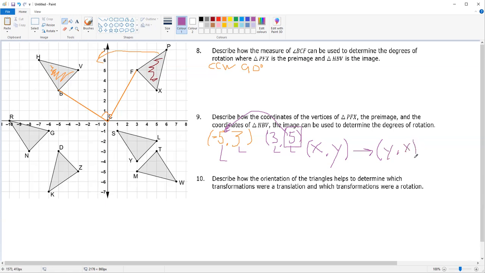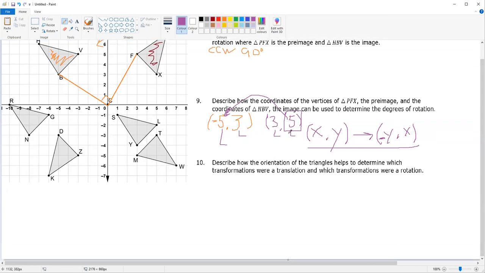But which one became negative? The counterclockwise one would become negative, and that y, x is a clockwise rotation of 90 degrees algebraic description. So if we wanted to rotate this clockwise, we would take the coordinates, swap them, and make one negative. So that's how that works.